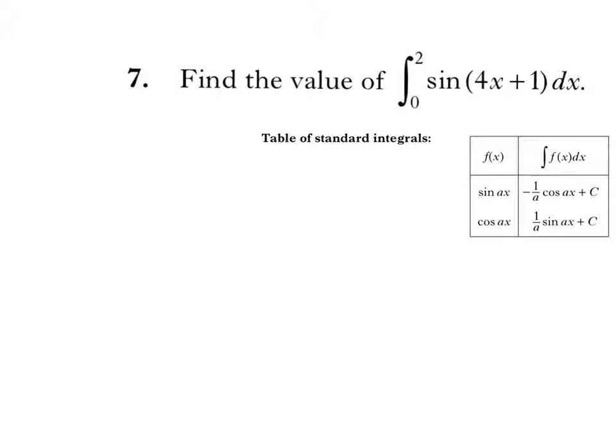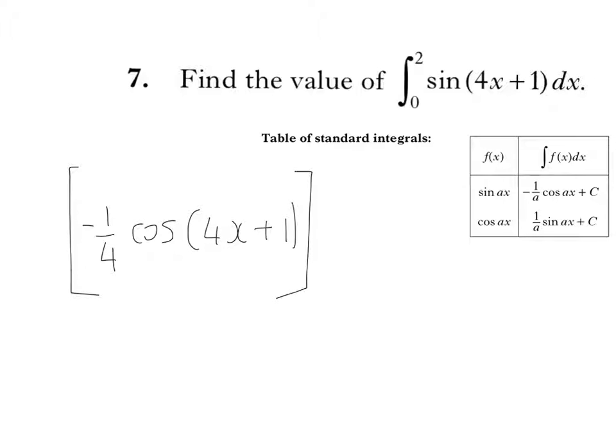So when I integrate sin(4x + 1), that then will give me minus 1/4 cos(4x + 1). And that's between 2 and 0.